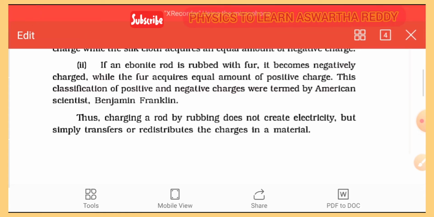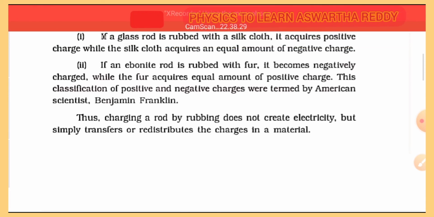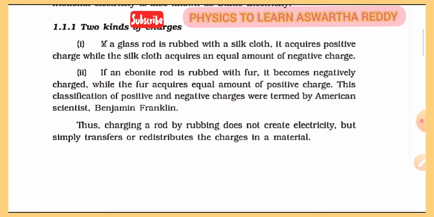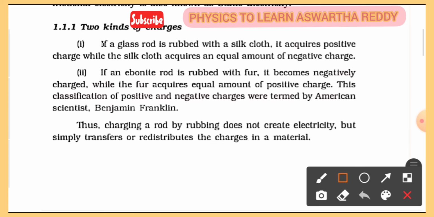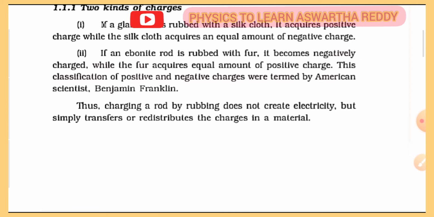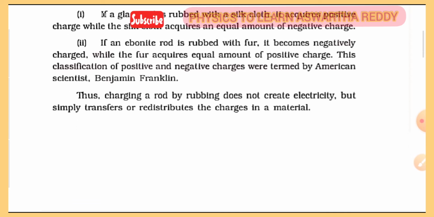Transfer of charges takes place here. If an ebonite rod is rubbed with fur, it becomes negatively charged while the animal fur acquires an equal amount of positive charge. This classification of positive and negative charges was termed by the American scientist Benjamin Franklin. Thus, charging a rod by rubbing does not create electricity, but simply transfers or redistributes charge in a material.